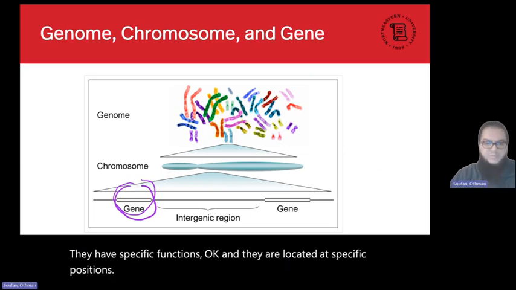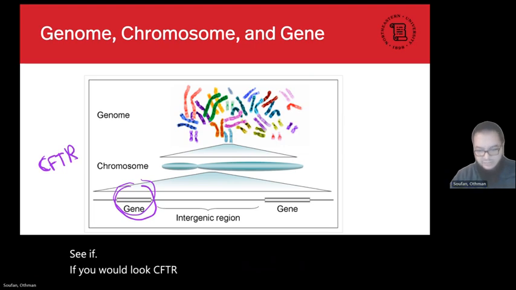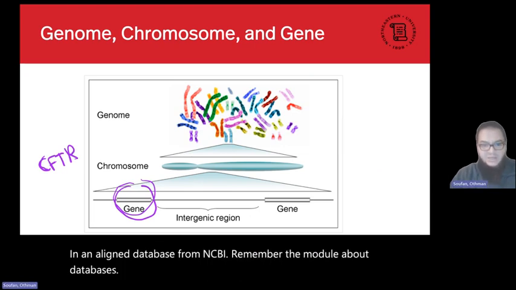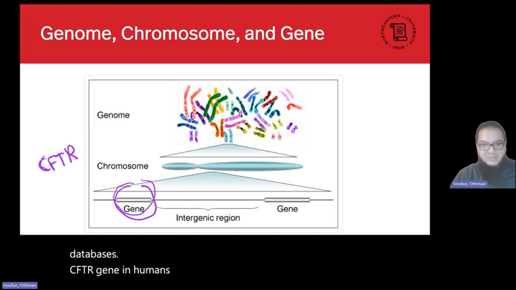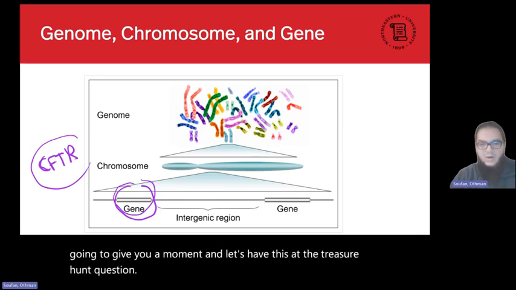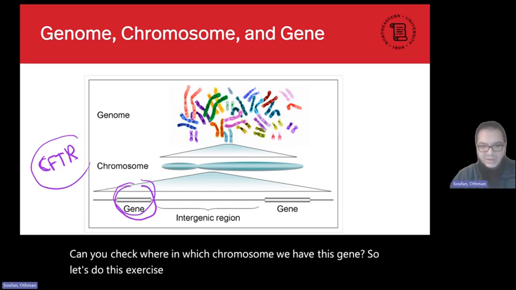For example, if you would look up the CFTR gene in an online database from NCBI, you remember the module about databases. CFTR gene in humans, well, let me ask you this. I'm going to give you a moment and let's have this as the treasure hunt question. Can you check in which chromosome we have this gene? So let's do this exercise. I'm going to pause a little bit so you can have your time.